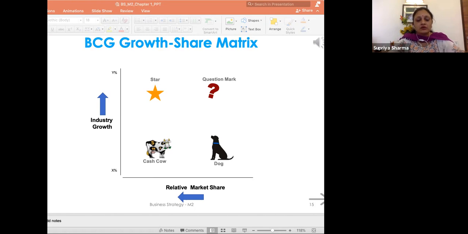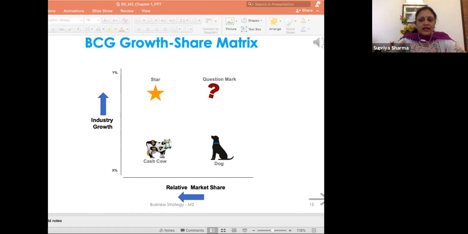These SBUs, which are your cash cows, are actually the key source of cash. They are specifically the core business, generally the core business. They are the base of an organization. They generally follow those strategies which follow stability.